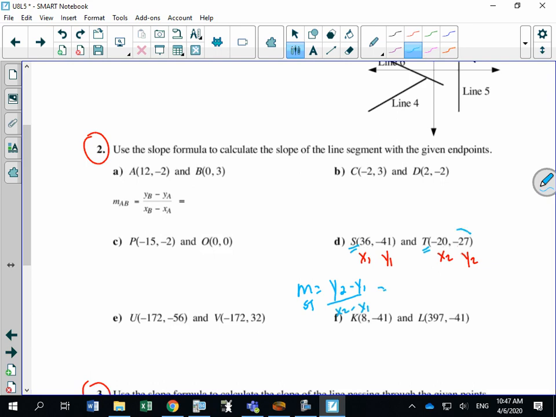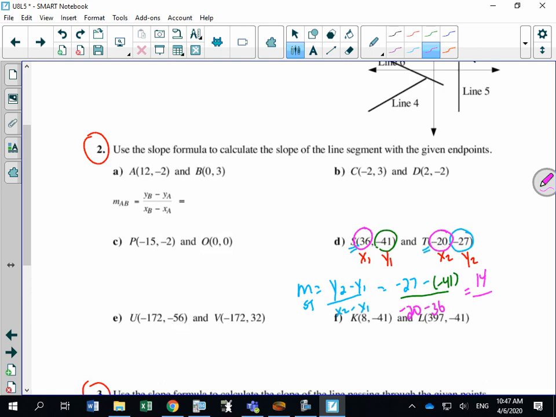So y2, negative 27, minus y1, exactly as I see it, negative 41, over x2, negative 20, minus x1, 36. If you typed it on your calculator, negative 27 minus negative 41, or you could type in negative 27 plus 41, the answer that you should get is 14.